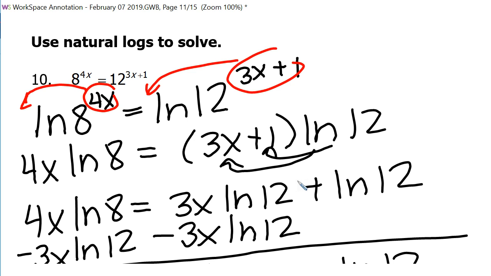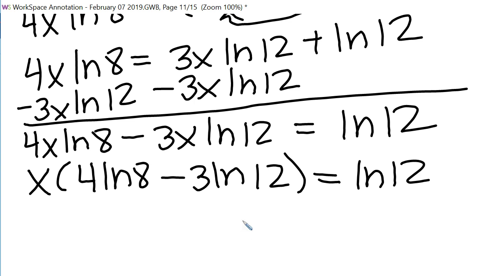And after you get the x's on the same side, what's next? Get the x by itself, so factor out the x, and when we take out the x, that leaves us with 4 natural log of 8, minus 3 natural log of 12, equals natural log of 12. And what's the last step?